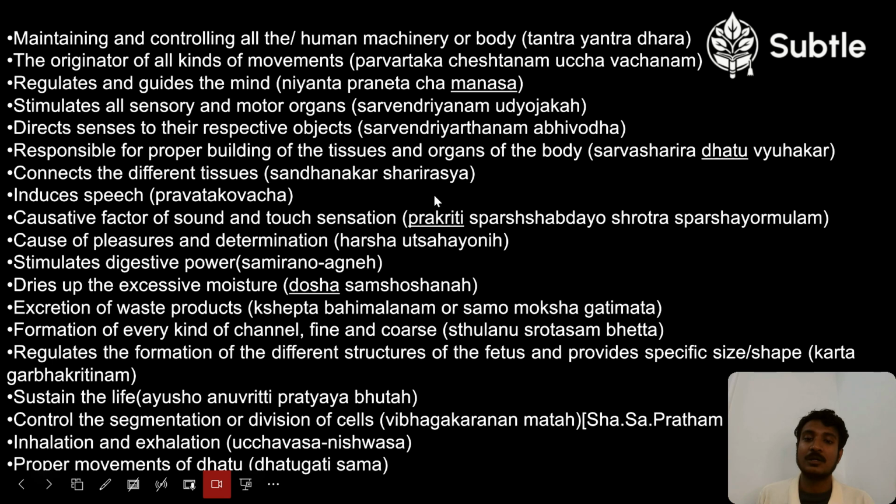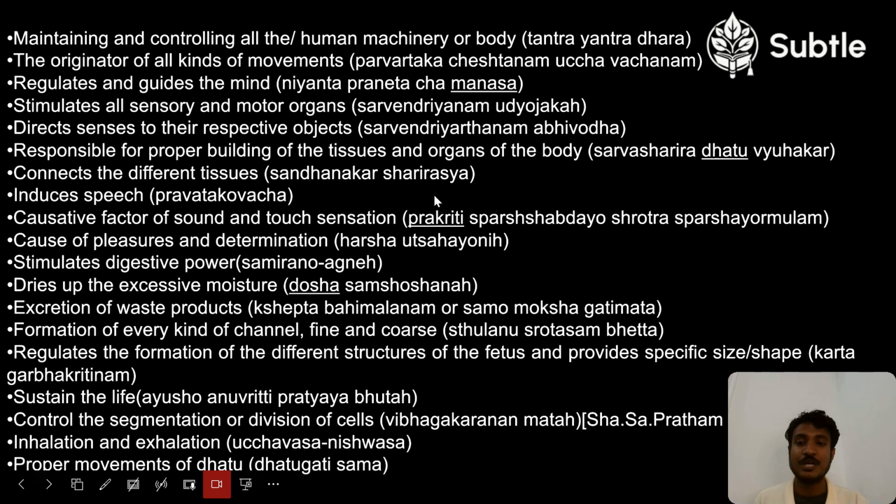And dosha samshoshanaha, the excessive kleda or the moisture or the kapha which is present is dried up by vata, because as I've told you, it has ruksha quality. Okay. Kshepta bahirmalanam. Bahi is outside. Mala are the waste products.